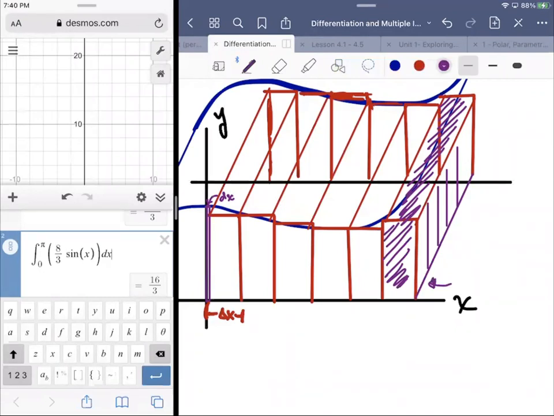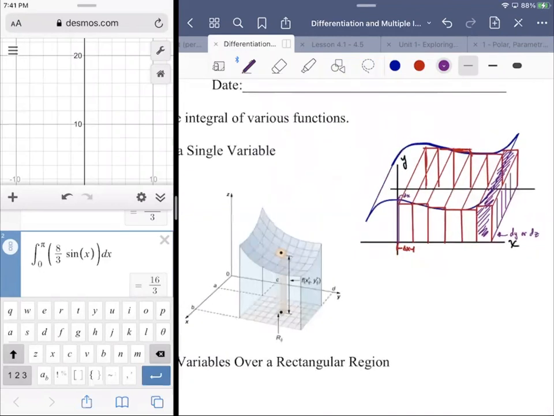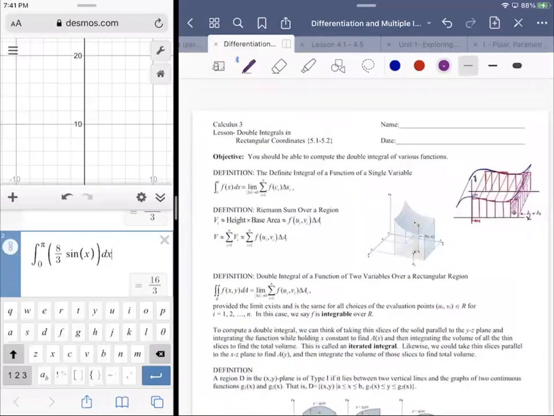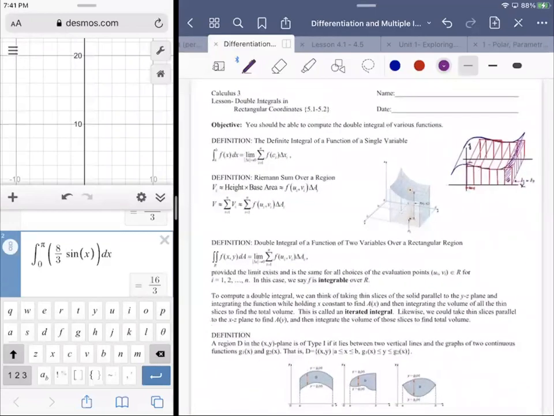So whereas in 2 dimensions we would be looking at a dx, now we're looking at maybe a dy, or in this case, it would be a dz the way I have things organized. All right. So dy or dz, depending on your orientation. All right. So that's where we're going.